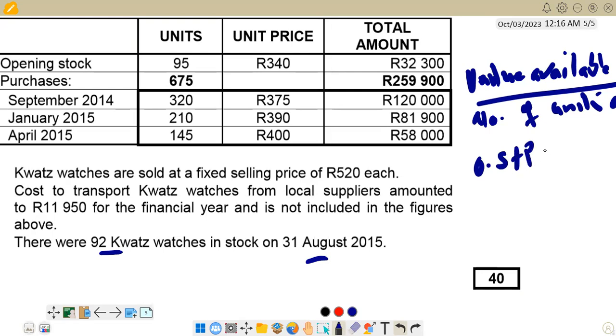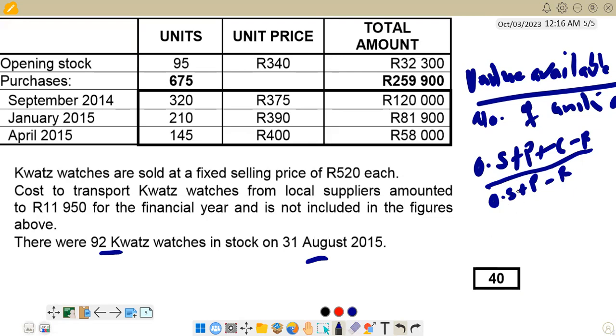If there are carriages, we add carriages. And then if there are returns, we subtract returns. This will be the value. We'll be using value figures. And then we say now over the units figures. Again, we say opening stock in units plus purchases in units. And if we have returns, we also subtract returns in units, so that we get the value per unit.